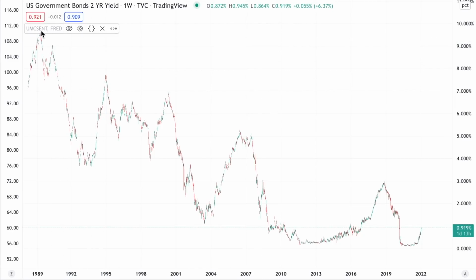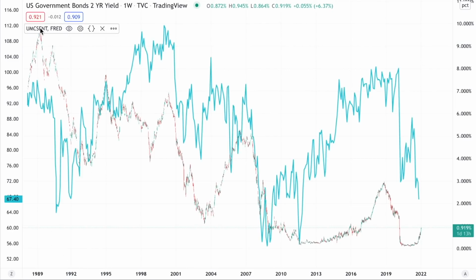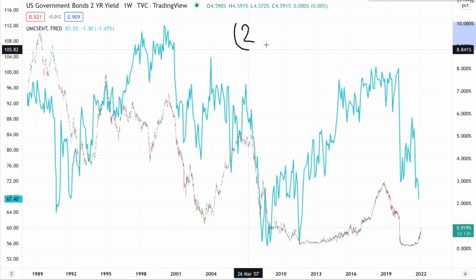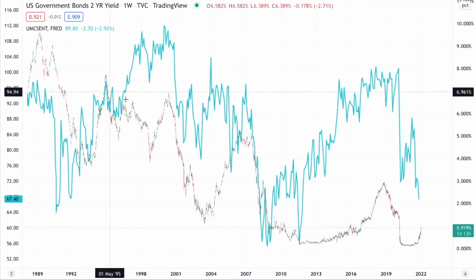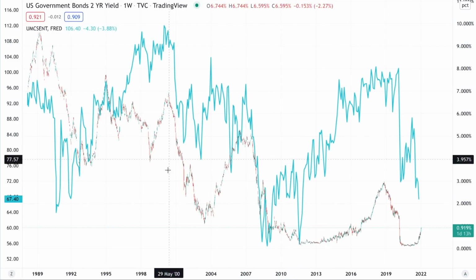Let me put up the consumer confidence. Now, this is the University of Michigan's consumer confidence, and it takes into account two things. It takes into account people's financial situations currently and how optimistic they are about the economy. And here, what we're going to do is look at the relationship between the 2-year yield and the consumer confidence.